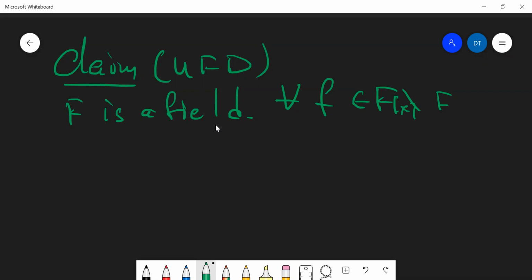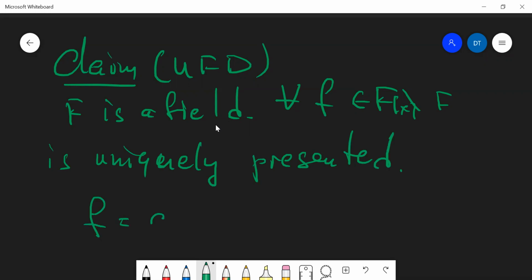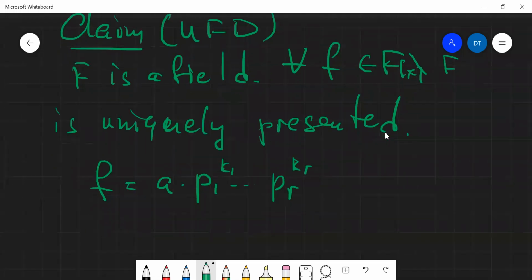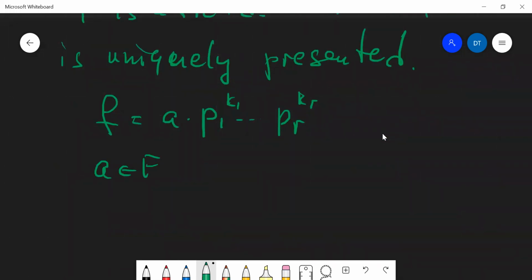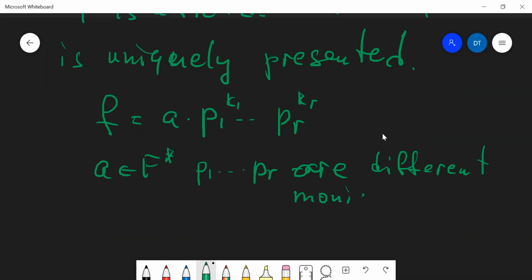So then every polynomial is uniquely presented in the form f equals a times p1 to the k1 and so on, pr to the kr, where a is a non-zero constant, p1, ..., pr are distinct monic irreducible polynomials, and k1, ..., kr are positive integers.